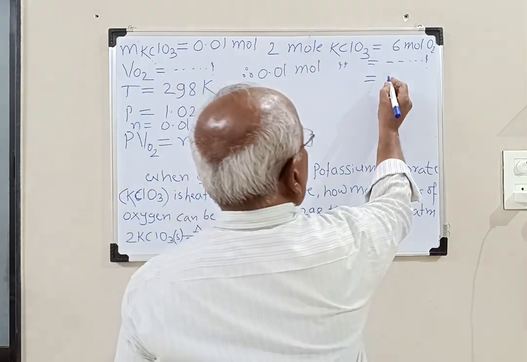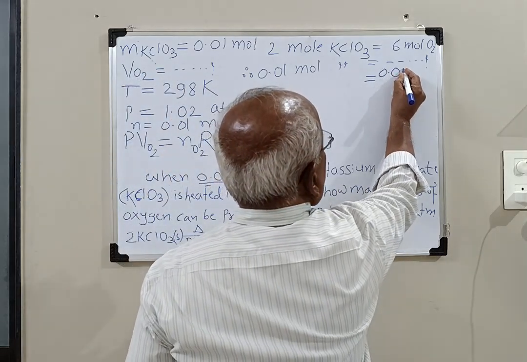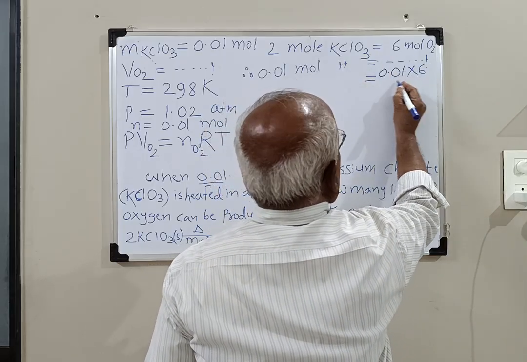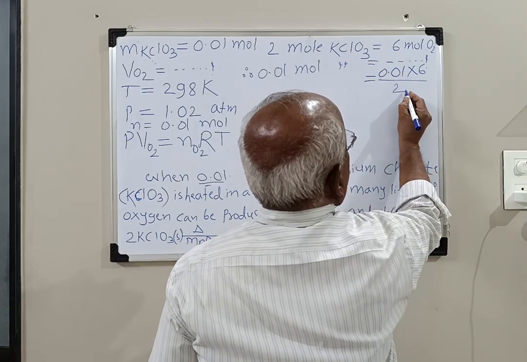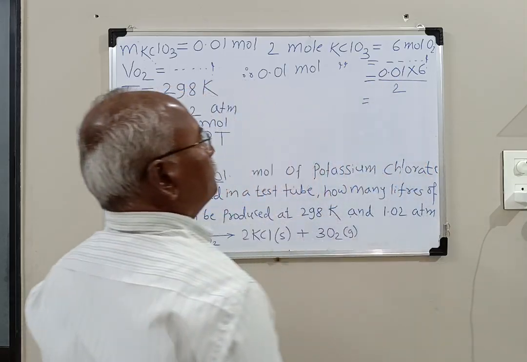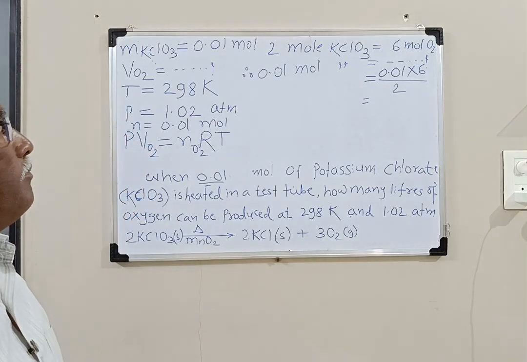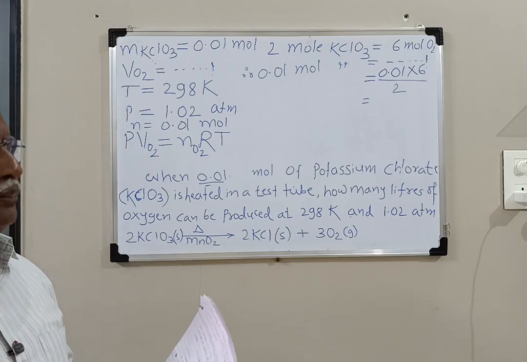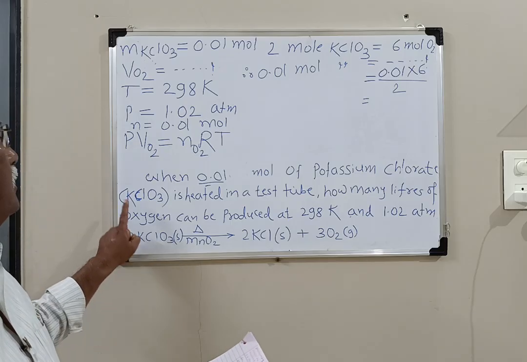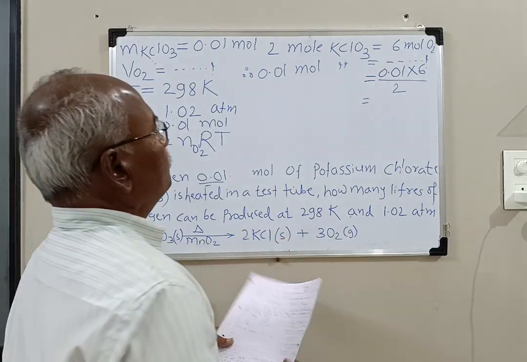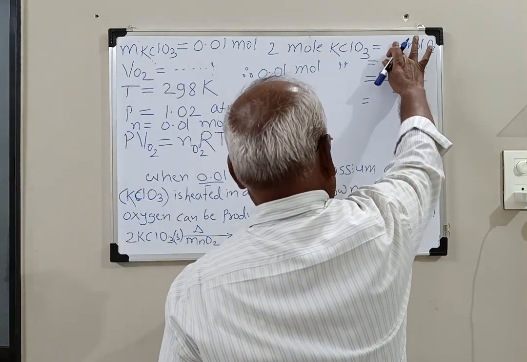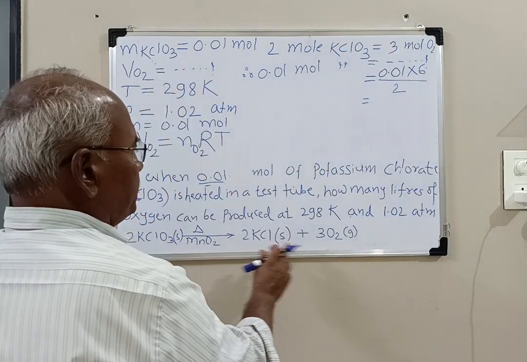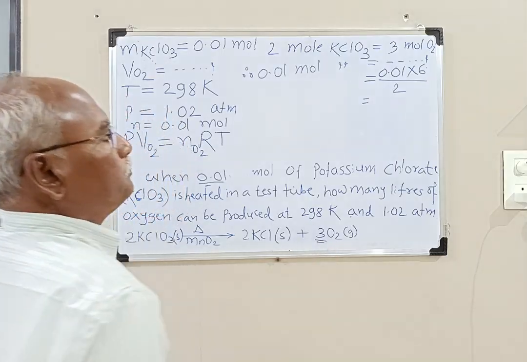So I write here 0.01 multiplied by 6 divided by 2. Sorry, 3 moles of O2: 2 mole of KClO3 give 3 mole of O2.